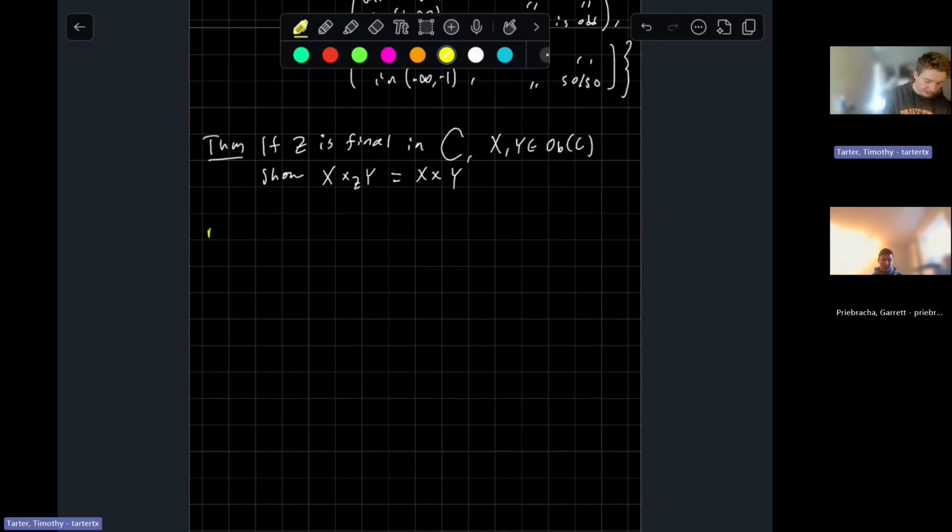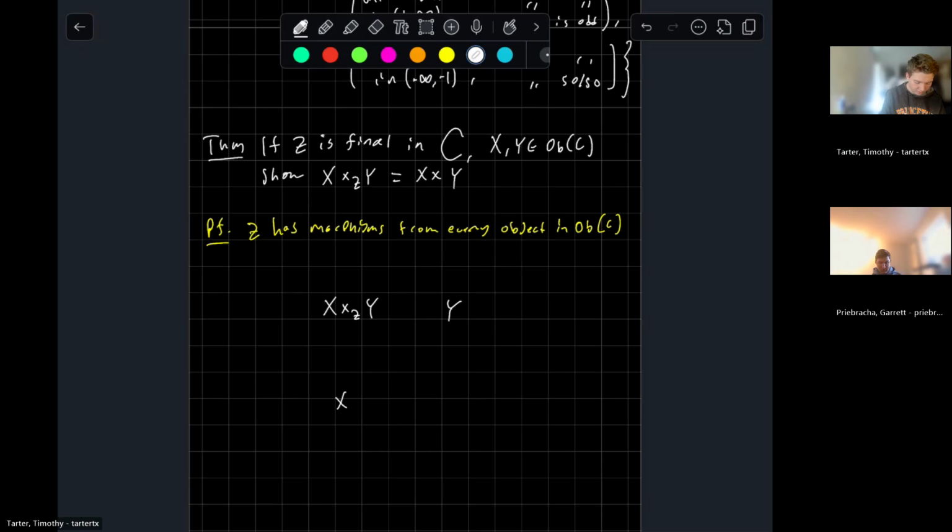And so, breaking this down, Z is final means that Z has morphisms from every object in ob C. And so basically what we have is the fibered product here, but we also have a diagonal morphism.